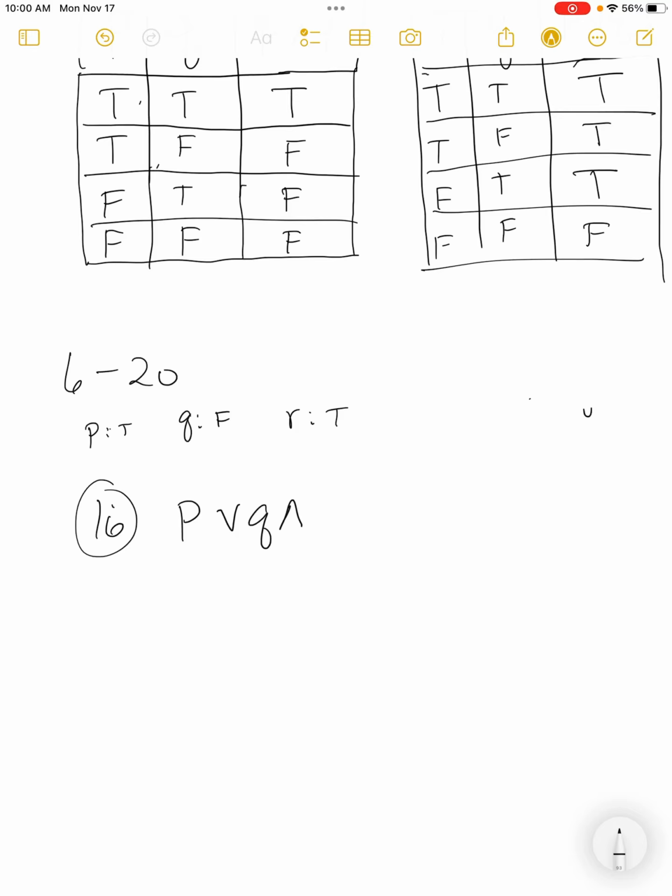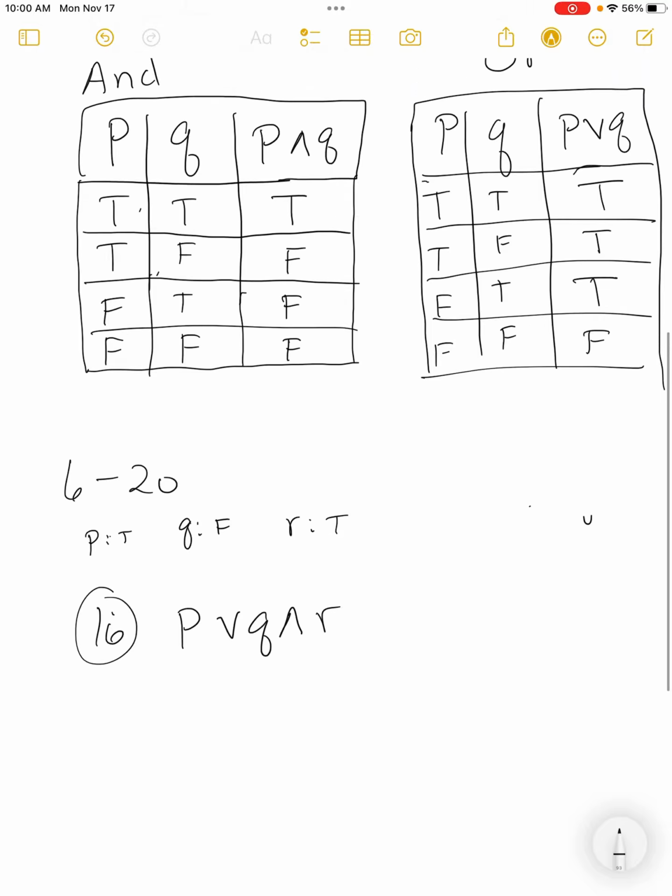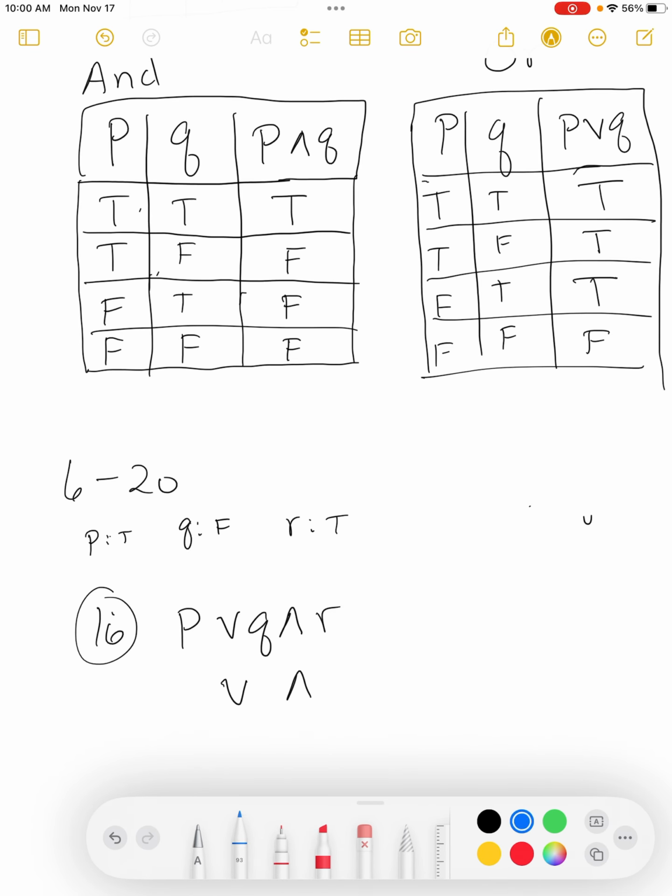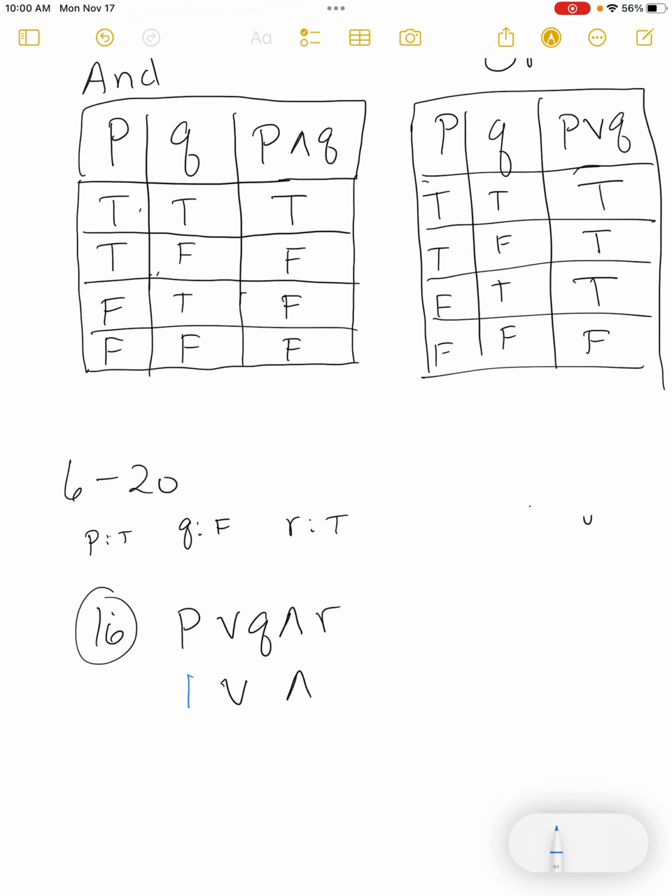P or Q or, and R. That's what it has. So when you have something long like this, you just handle it one at a time. So the first thing I would suggest to do is put in the truth value. So I'm going to just put what's there, and let's go put in the truth values. P was true, Q was false, R was true.